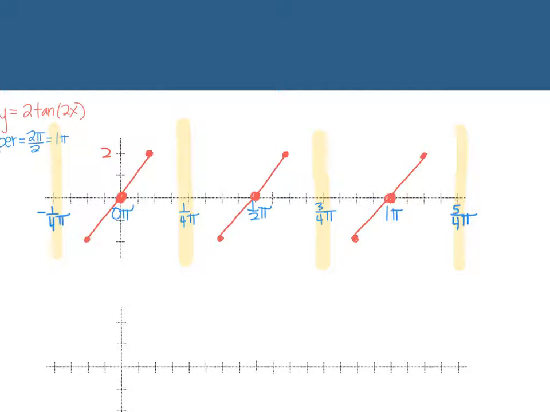So what happens is, as you leave the amplitude and you try and get close to the asymptote, it's going to shoot you up to infinity. And as you try and get close to the other asymptote, it's going to shoot you down to infinity. That is what a branch of tangent looks like. The ends of each branch go down toward infinity and up toward infinity. Okay, that is the graph of tangent.